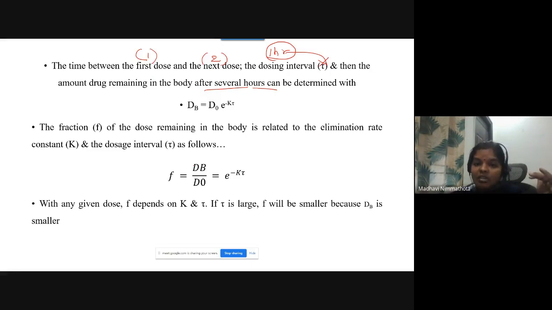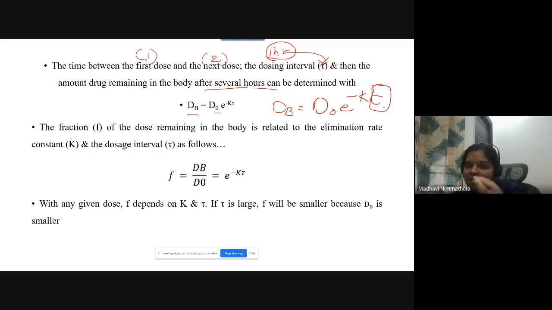It can be determined with the equation D of B is equal to D of 0 e to the power of minus k tau. Our earlier equation is D of B equals D of 0 e to the power of minus kt. Instead of writing time, we are taking time intervals. That's why we are replacing the small t with tau, the time interval.